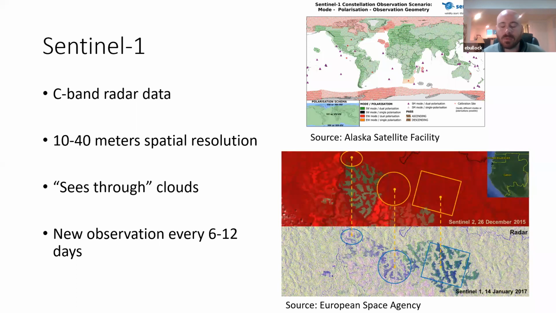The one big advantage of radar data, at least when monitoring forests or working in the tropics, is that it's not affected by clouds in the same way that an optical sensor like Landsat would be.